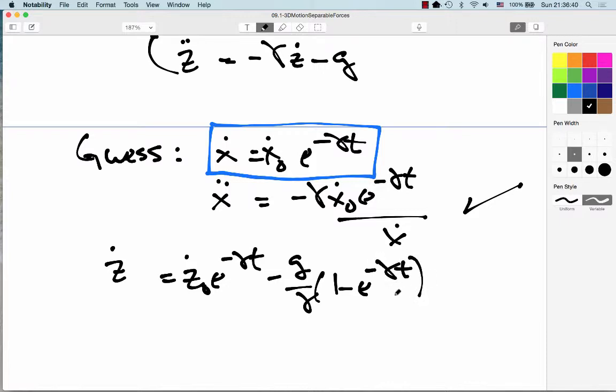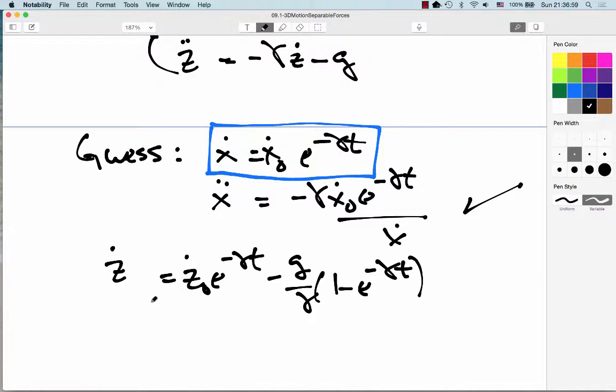That's a really good guess, but let's work it through and stick it into the differential equation and see if that's indeed what pans out.